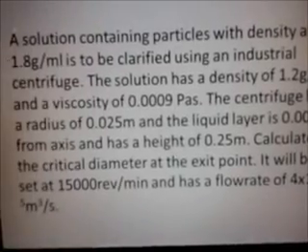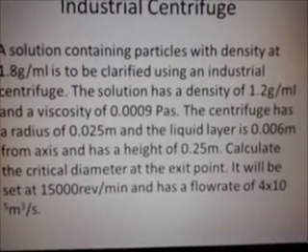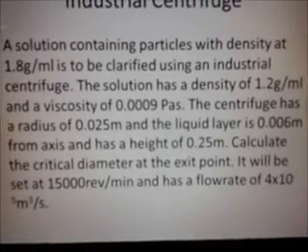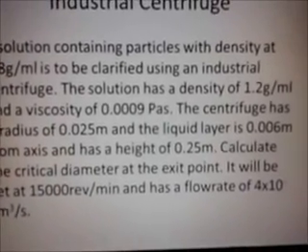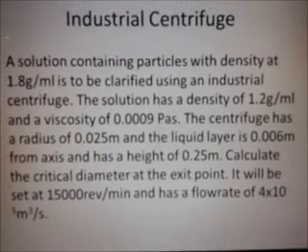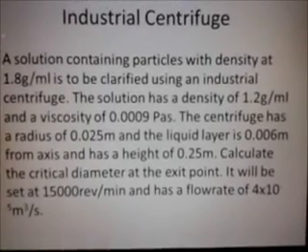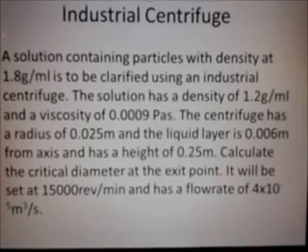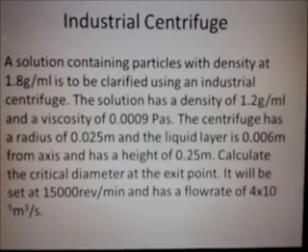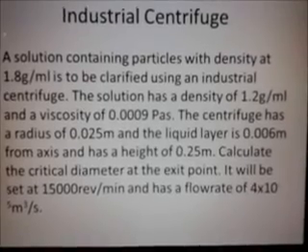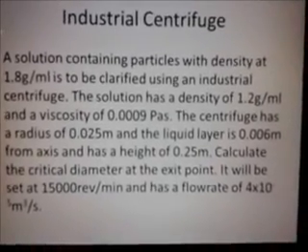The centrifuge has a radius of 0.025 meter and the liquid layer is 0.006 meter from the axis and has a height of 0.25 meter. Calculate the critical diameter at the exit point. It will be set at 15,000 revolutions per minute and has a flow rate of 4 times 10 to the negative 5 meter cube per second.